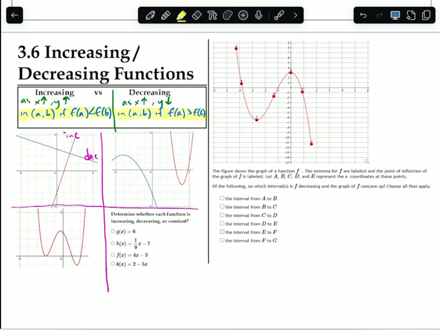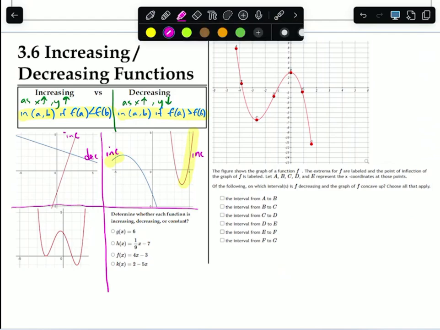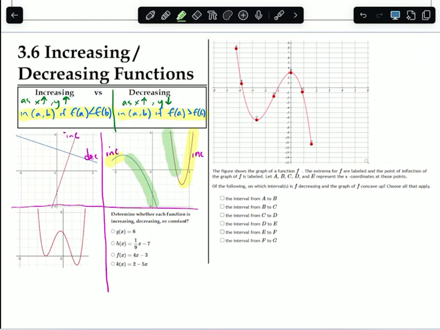So if we look at a quadratic function, in these two sketches, these yellow highlighted pieces are the parts of the graph that are increasing. They're going up and to the right. But if we look at the portion of the graphs that are going down as you move to the right, now we see the portions that are decreasing.